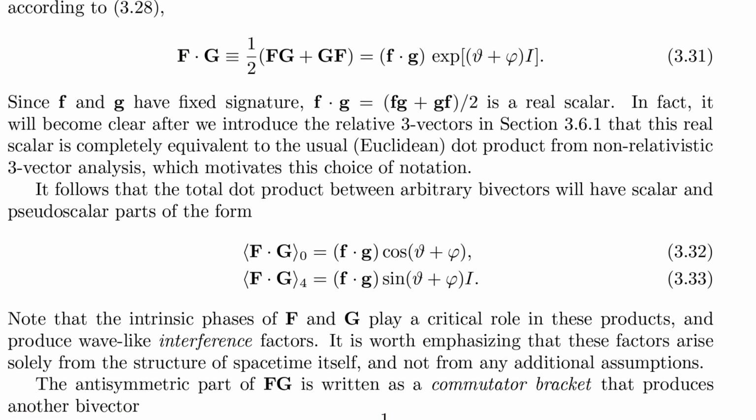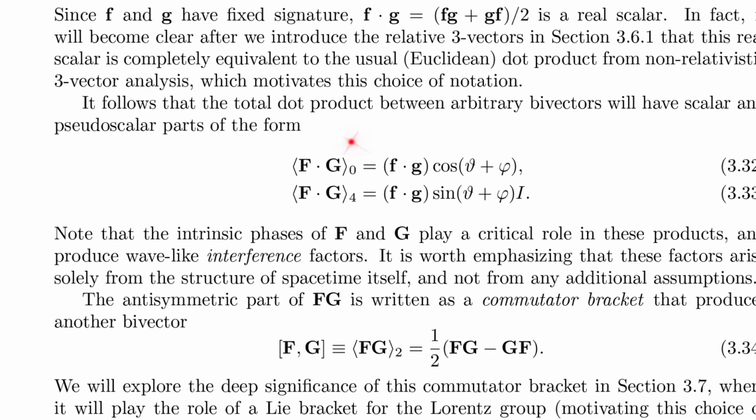That canonical expansion is going to give you this phase factor, and both of these phase factors, right? And so the partitioning of the space-time product of f and g into its grade 0 part and its grade 4 part, that partitioning is definitely going to depend on these phases.